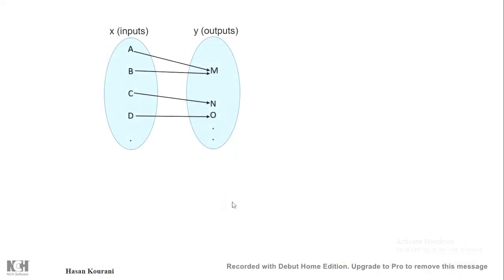Let's see another example. Let's consider these two sets. The initial set contains these elements a, b, c, d, and the final set contains the elements m, n, and o. A is related to m, b is related to m also, c is related to n, and d is related to o. Now, is this a function?